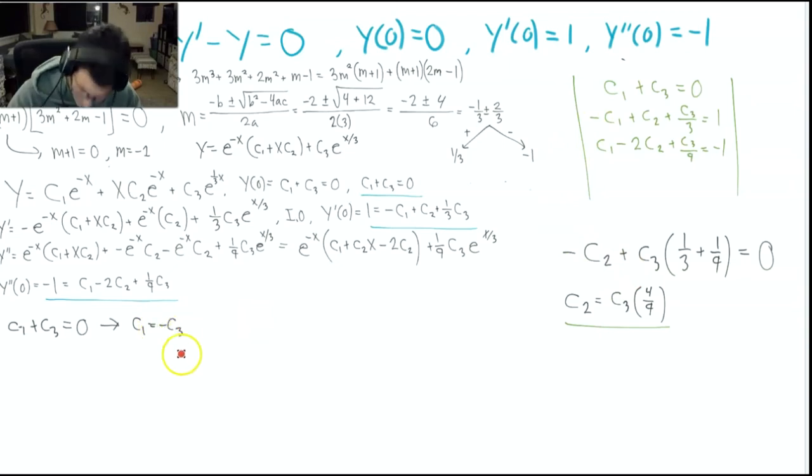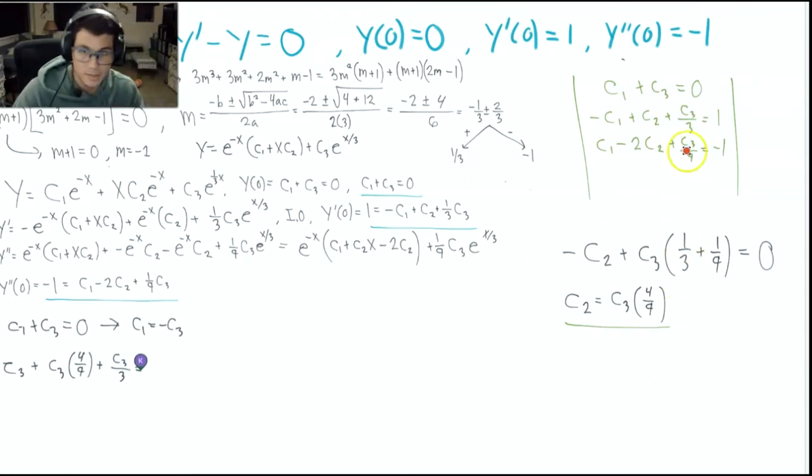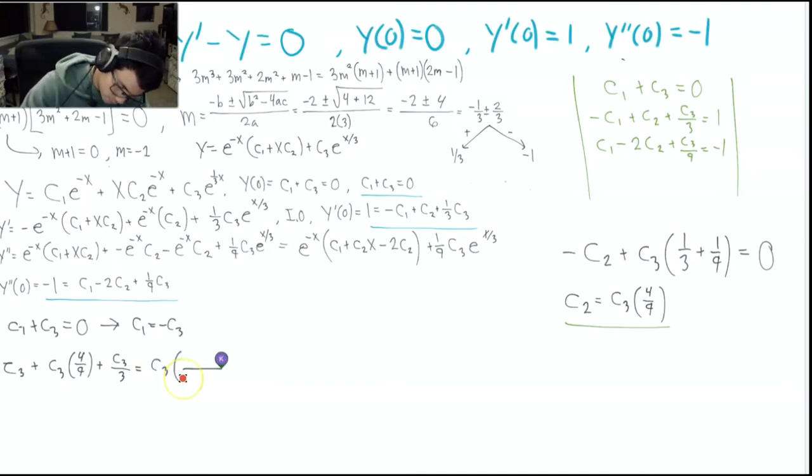Negative C1 would be positive C3, plus this, plus C3 over 3. And this is all equal to 1, but before I do that, let me just add this stuff. This would be 2, 3, and if I divide everything by 9 as our common denominator, when I add these all, this would be 9 plus 4 plus 3.